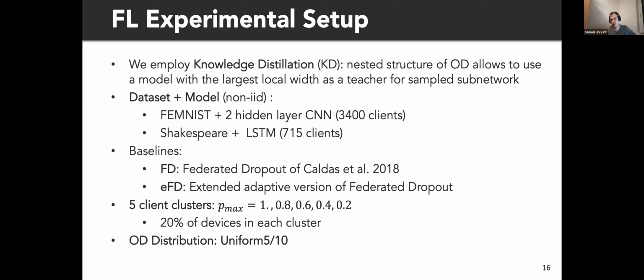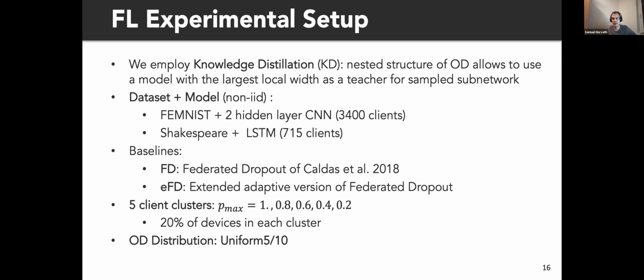Federated dropout adopts a random dropout at neuron level for minimizing the model's footprint. However, federated dropout does not support adaptability to heterogeneous client capabilities out of the box, as it inherits a single dropout rate across devices. For this reason, we propose an extension to federated dropout, allowing it to adapt the dropout rate to device capabilities defined by the respective cluster membership.